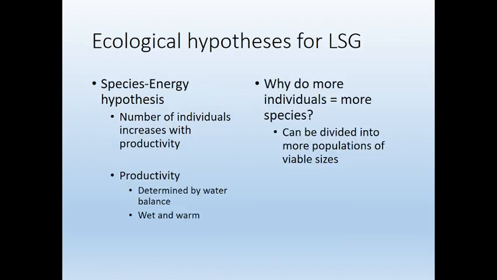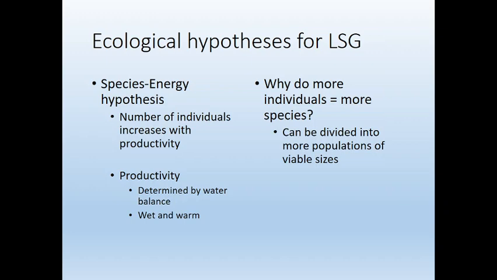So when you think about these ecological hypotheses, why do we have the latitudinal species gradient? One of the things we think it has to do with is the species energy hypothesis.